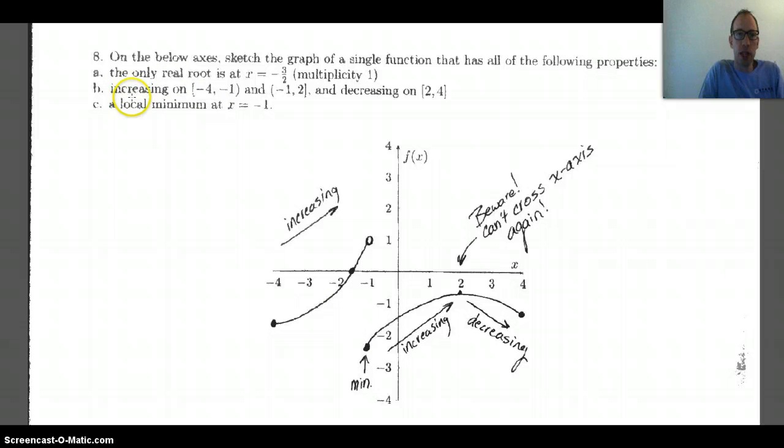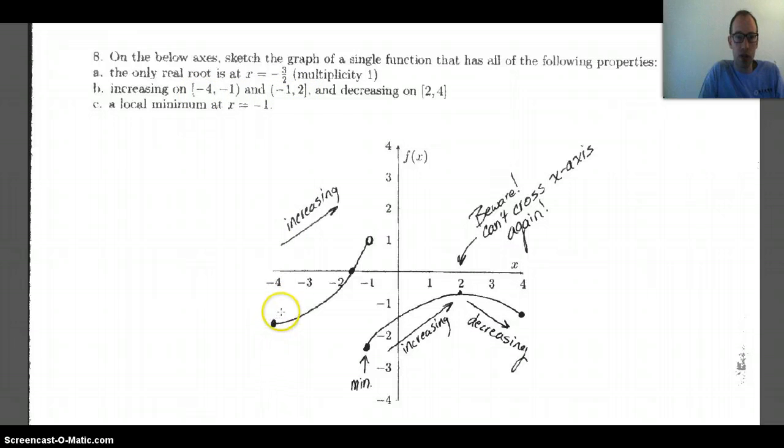So we also want to be increasing on negative 4 to negative 1, not necessarily including that negative 1, and negative 1 to 2, and decreasing on 2 to 4. So your first question might be, why don't we just increase from negative 4 to 2?